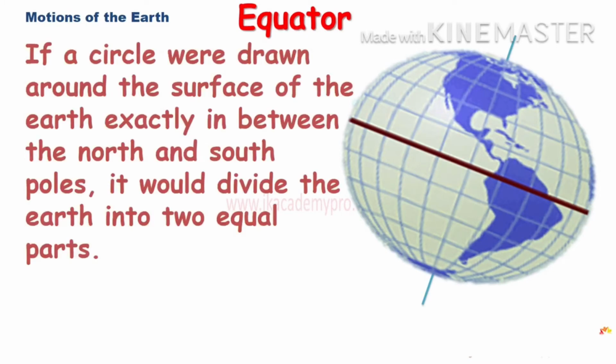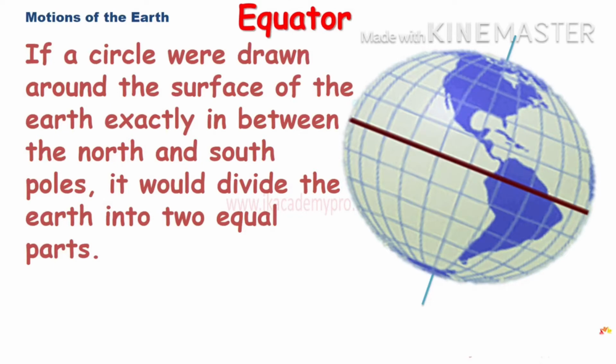Now we are going to study about the equator. If a circle were drawn around the surface of the earth exactly in between the north and south poles, it would divide the earth into two equal parts. We know that when we join the N pole and S pole, we get a line which is our earth's axis.